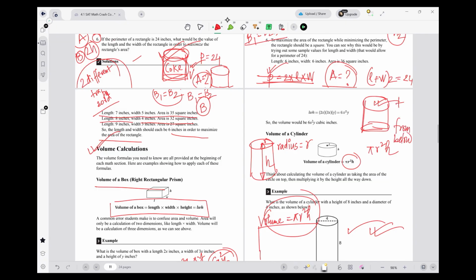Consider the top surface: this is a circle, and it has an infinite number of circles. Do you understand what I'm talking about?